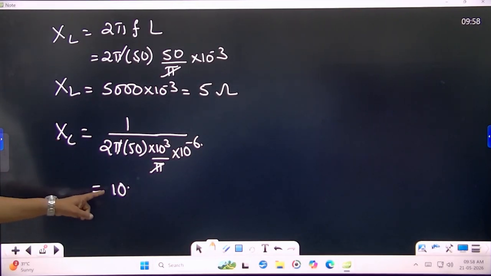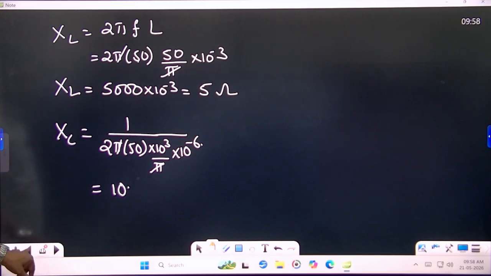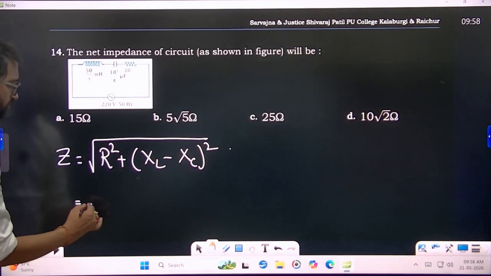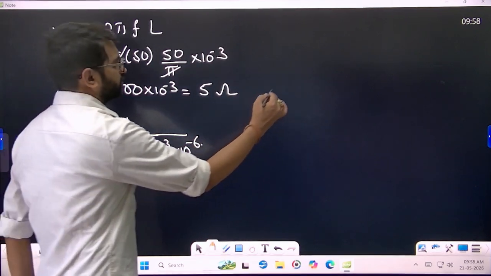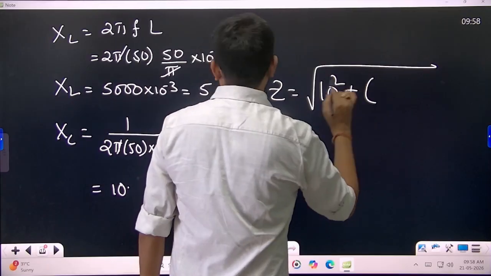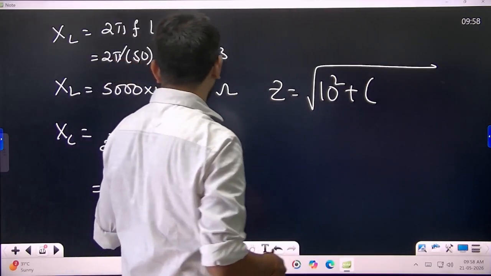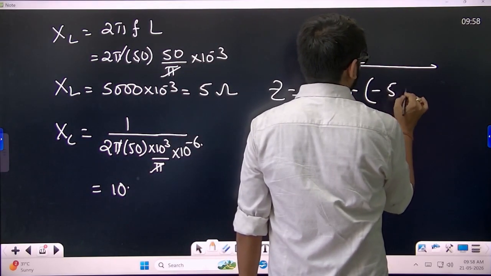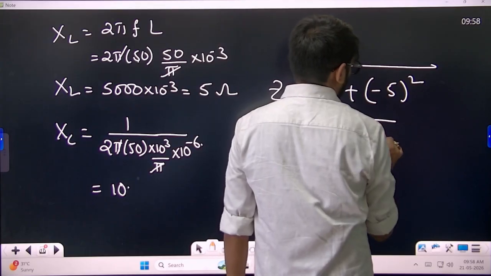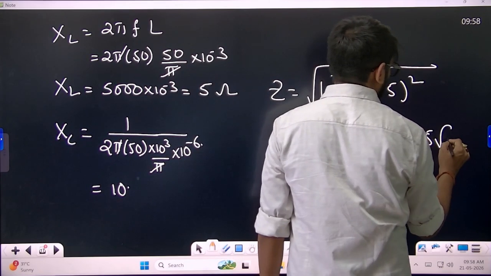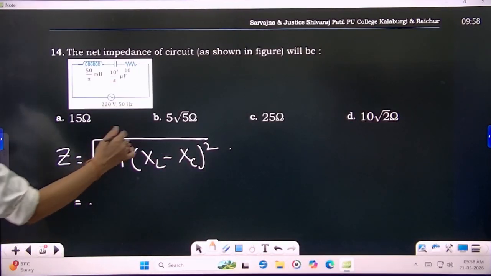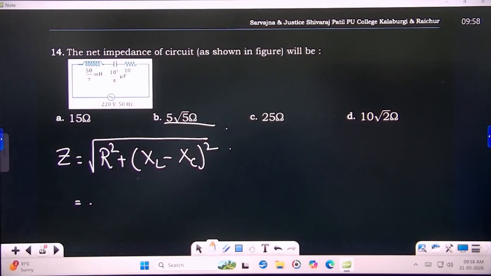So XC is 10, XL is 5 and R is 10. So therefore Z is equal to root over 10 square plus XL minus XC, 5 minus 10 is minus 5, whole square. So this is 100 plus 25, 125 under root, which is 5 root 5 ohms. This is the net impedance in the circuit.